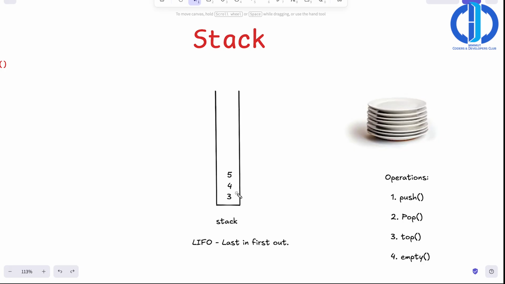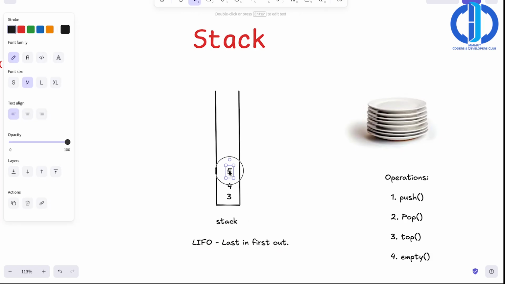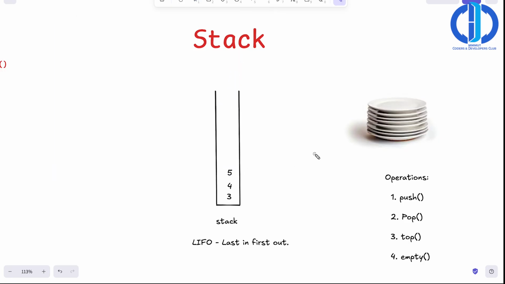Stack is a linear data structure that follows the LIFO principle. What does LIFO mean? LIFO means that the element that gets into the stack last will be taken out first, right? It's similar to a stack of plates. Here we have a stack of plates, and we have placed this plate last.